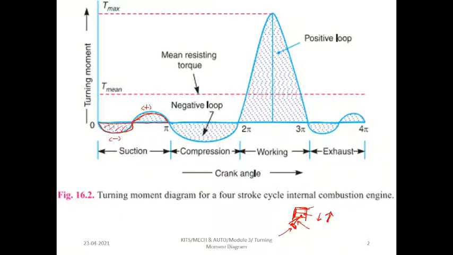It needs a lot of energy to push the piston in the upward direction against gravity. There is a lot of pressure and fuel inside this chamber, so a lot of resistance is there. So this piston takes a lot of energy from the flywheel, and since it is taking energy from the flywheel, it is mentioned as minus.